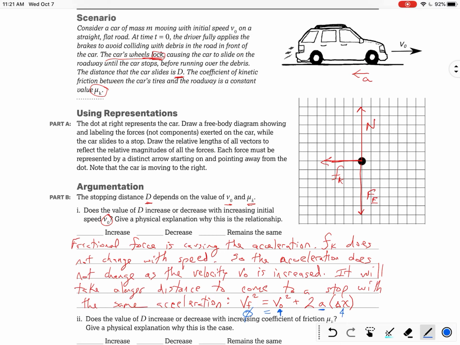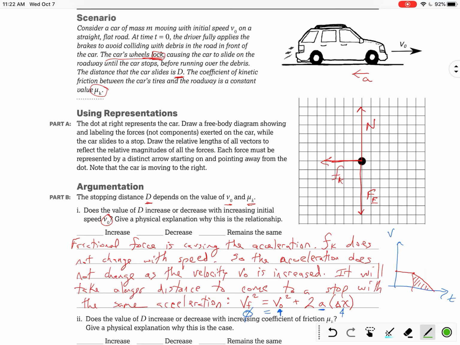Another way to look at that might be with a velocity time graph. And remember, the area under the curve of a velocity time graph is going to be the displacement. So if we start out with this velocity and we accelerate to a stop, then this is our displacement during the stopping time.